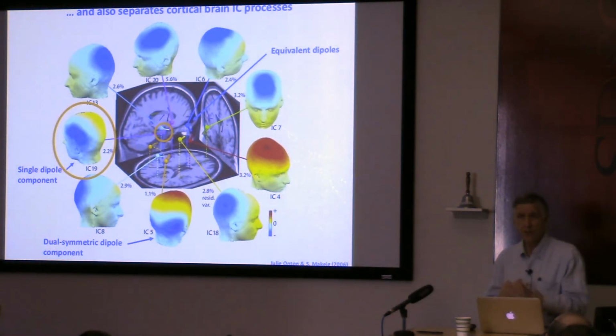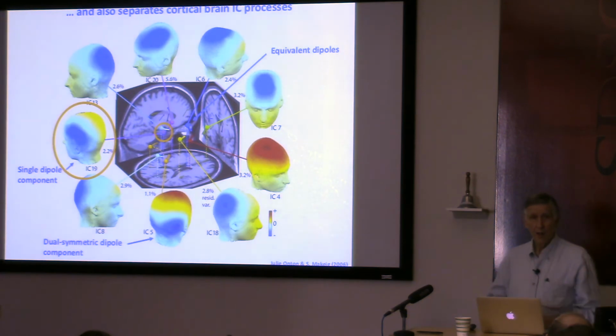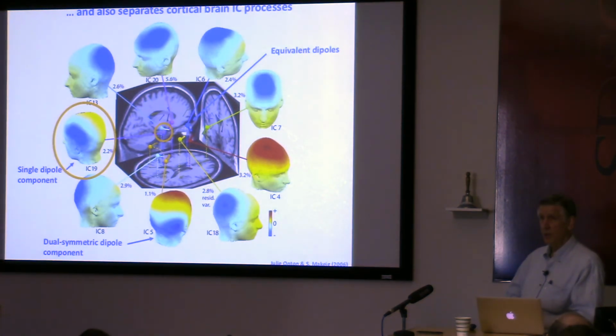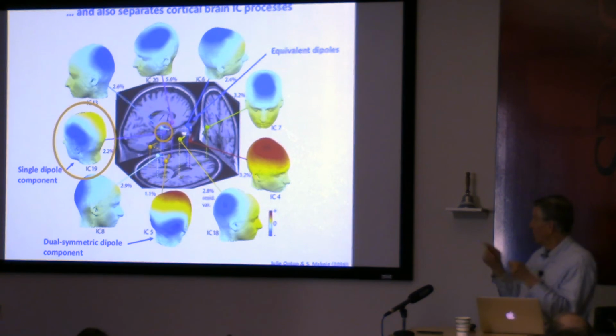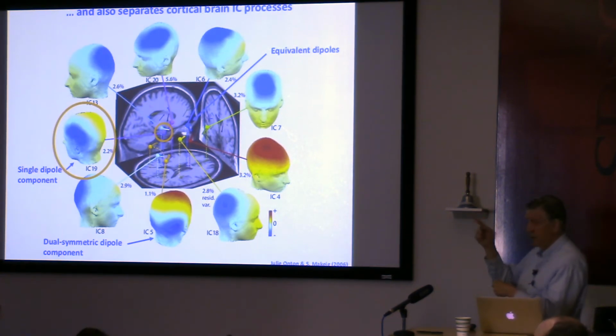So ICA has done an extraordinary job here of finding a source that is completely compatible with the origin in a patch of synchronous activity within a small patch of cortex, for which the equivalent dipole is located in the electrical center of gravity, so to speak.